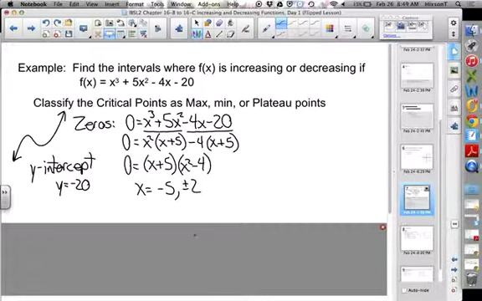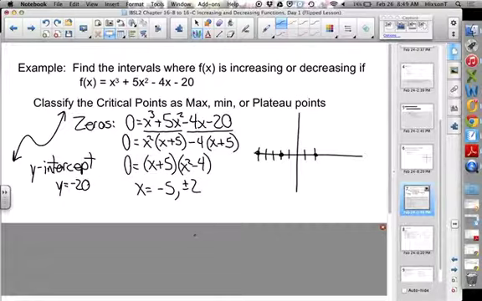Now, the challenge with these is the best we could do was a rough sketch that kind of approximated where the max and min values were. And sometimes we would average the zeros, and that kind of gave us a ballpark idea of where the max or min points would be.